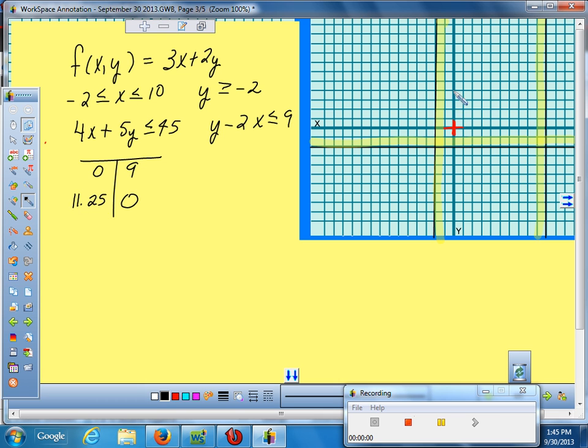1, 2, 3, 4, 5, 6, 7, 8, 9 is up there. And wow, then 11.25 over. Well, I know this one line up here is at 10 over, so 11.25 is going to be a little bit past that. You're going to probably want a straight edge on these because you need to be able to draw fairly accurately.